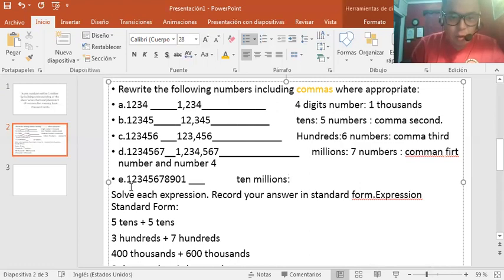Let's count: 1, 2, 3, 4, 5, 6, 7, 8, 9, 10, 11. How many numbers does it have? Let's count again: 1, 2, 3, 4, 5, 6, 7, 8, 9, 10, 11.